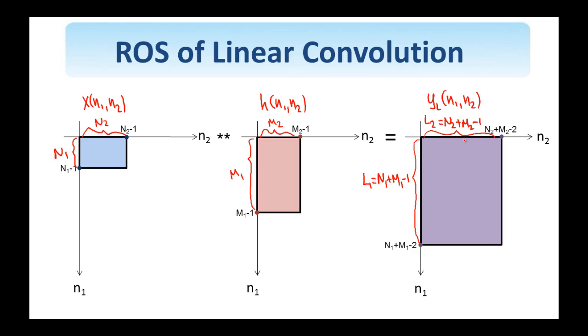This is a rather straightforward result to show just by following the steps of the convolution. So clearly, the result of the convolution, the output signal, has greater support than any of the individual signals I'm convolving. Now, if I want to perform linear convolution through the use of a DFT, I should utilize DFTs of size L1 by L2.